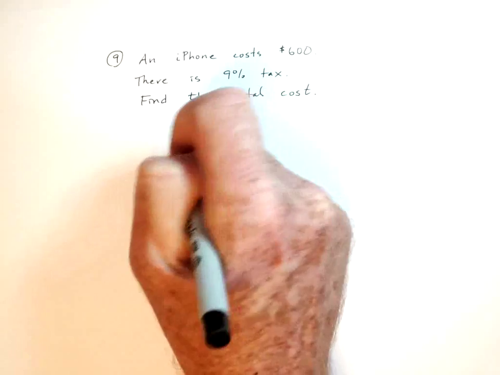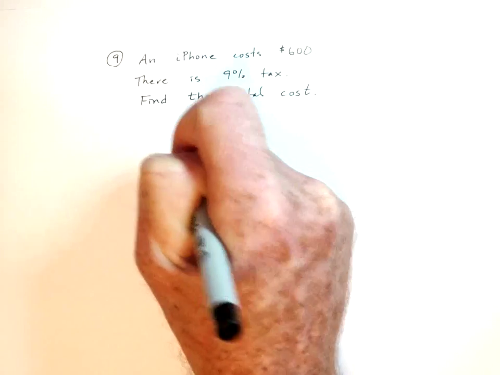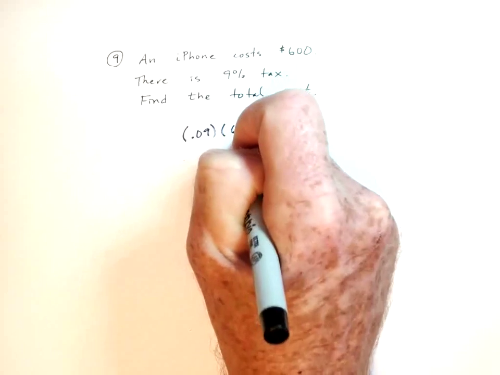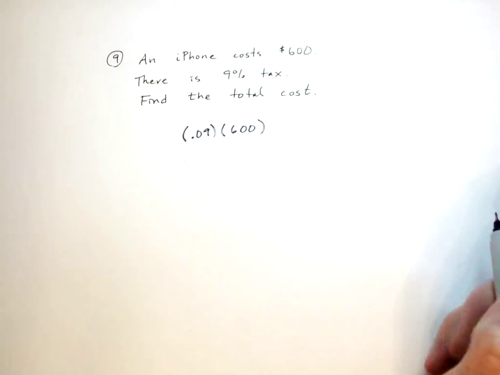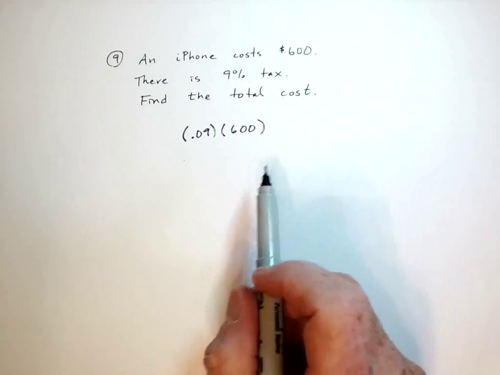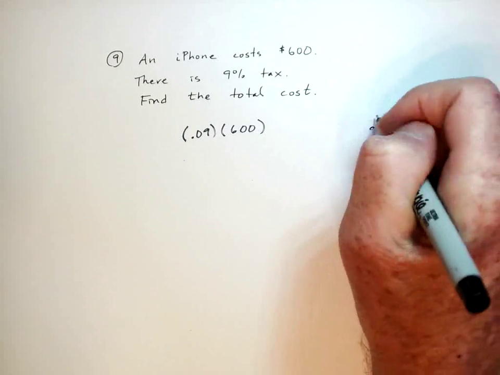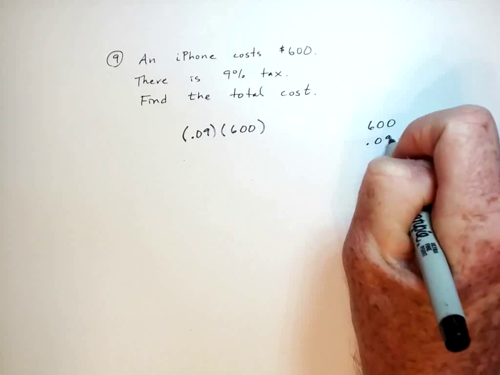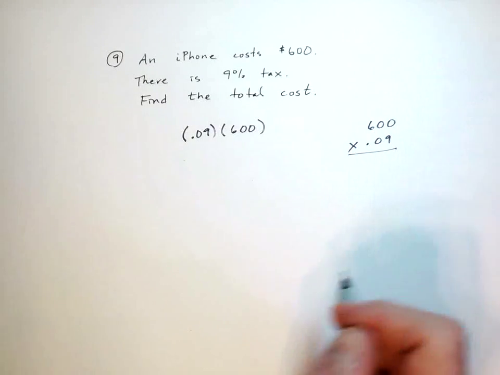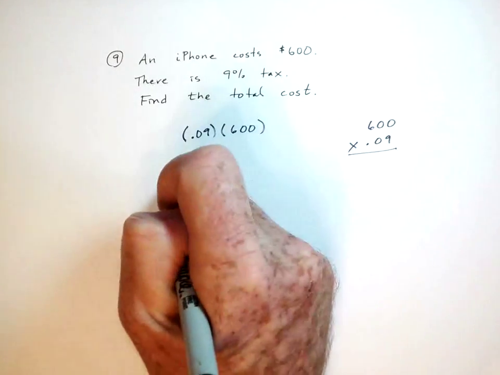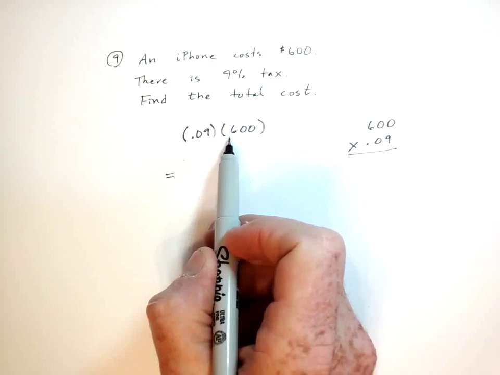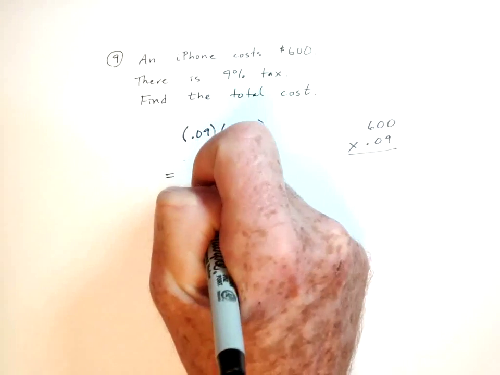So 9% is going to be 0.09. Multiply that with 600. And you could go ahead and multiply this out as 600 times 0.09 and multiply it this way. Or you could just say, well, what's 9 times 6? 9 times 6 is 54.